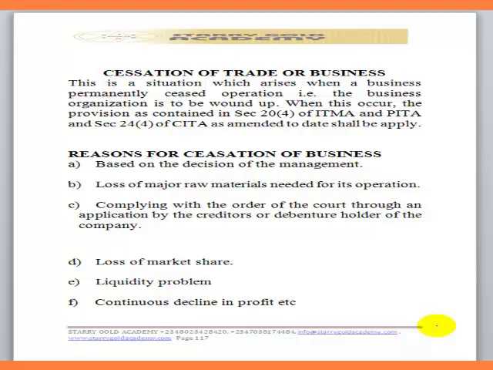It's either the business is assessed based on commencement, change of accounting date, or cessation. The basis period of assessment under commencement has been considered. The basis period of assessment under change of accounting date has been considered. Now we'll be looking at the basis period under cessation of trade or business.